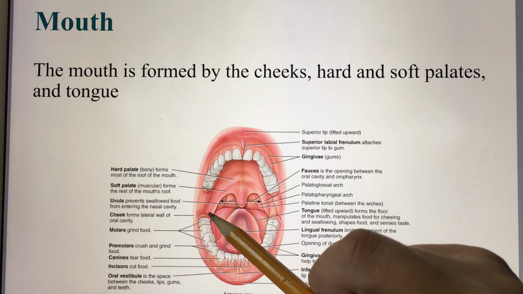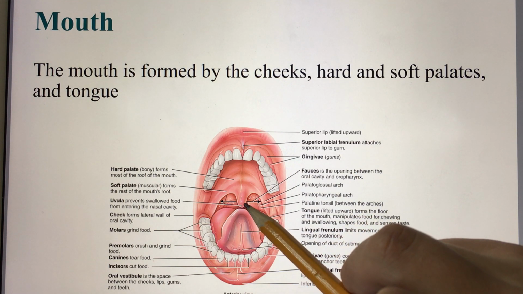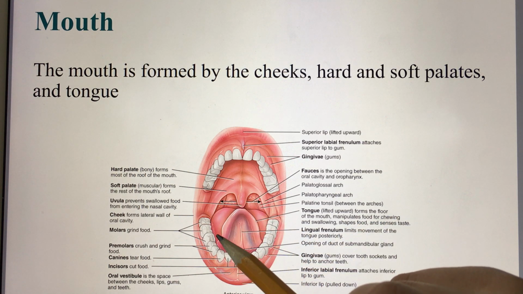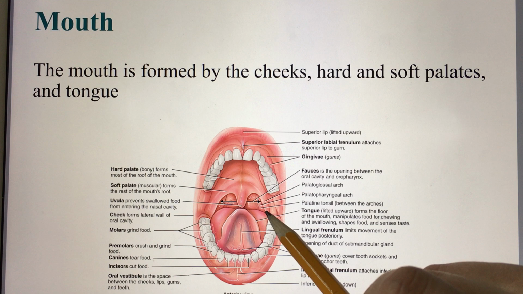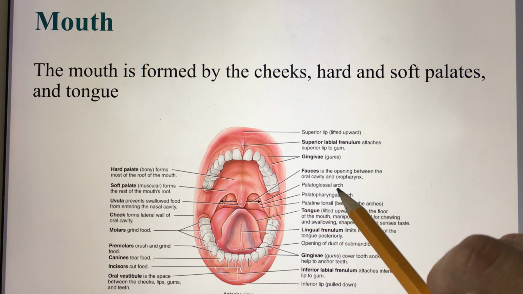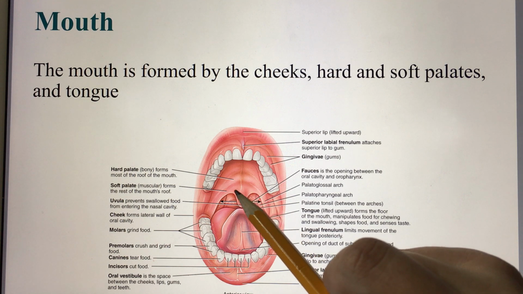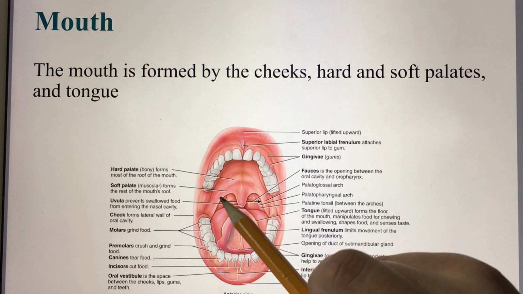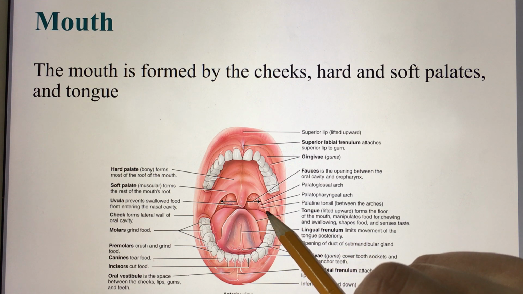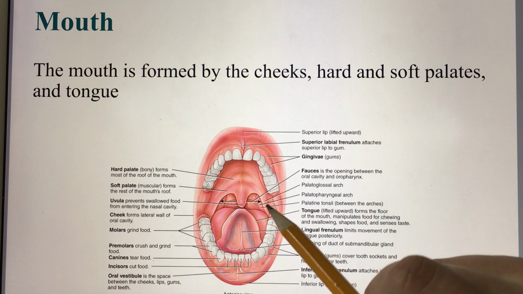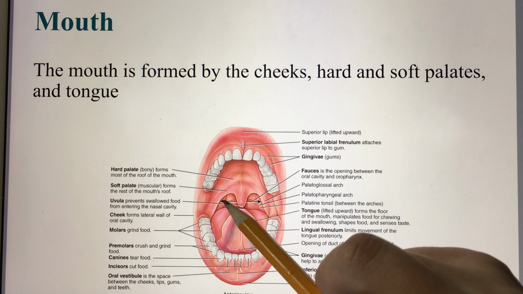The shape of the palate resembles 2 arches, like this. These arches are called, this arch is called palatoglossal arch. So this arch right here, made out of kind of like 2 arches, is called a palatoglossal arch. Right behind this arch, there's 2 tonsils.